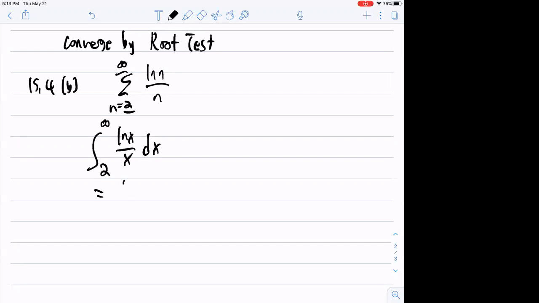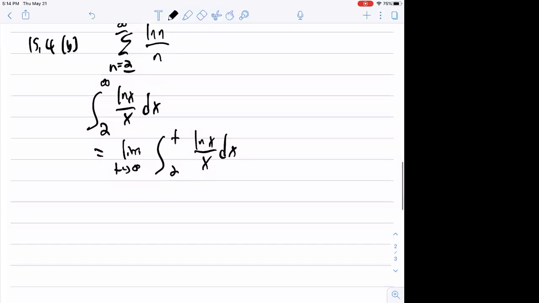Hopefully you all remember how to integrate, it's Math 2B. This is the limit as t goes to infinity, and then you do a u sub, right? So let u be ln x, du is 1 over x dx.